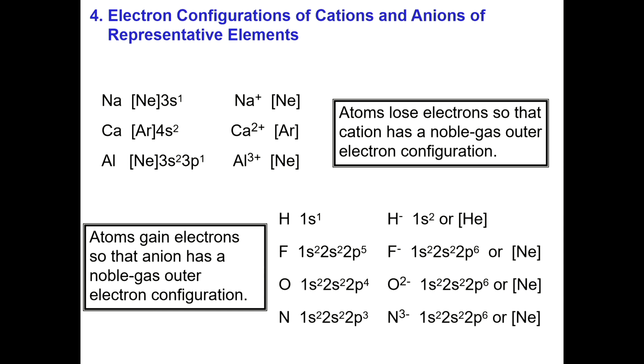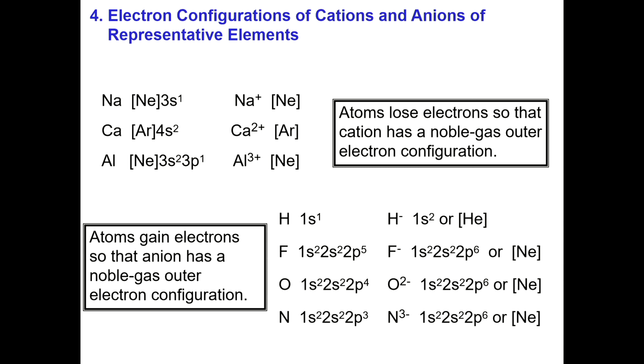Basically, when they lose 1, 2, or 3 electrons, they have the noble gas outer electron configuration.